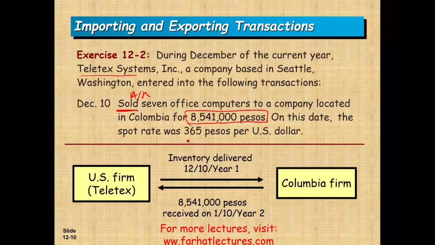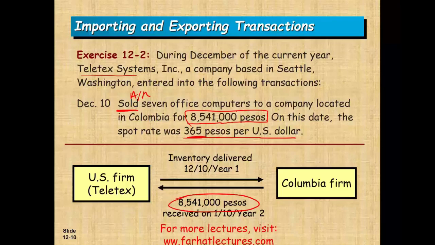On that date, the spot rate is 365 pesos per US dollar. So simply put, we shipped goods to Colombia. As a result, the Colombian company will have to pay us, but they're going to pay us in pesos, not Mexican, Colombian pesos. And we know as of today, 365 pesos will buy a US dollar.